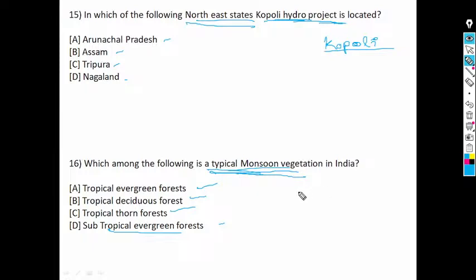Typical monsoon vegetation is B for Bombay, tropical deciduous forest. Sorry, the Kopili hydroelectric project is in Assam, B for Bombay.